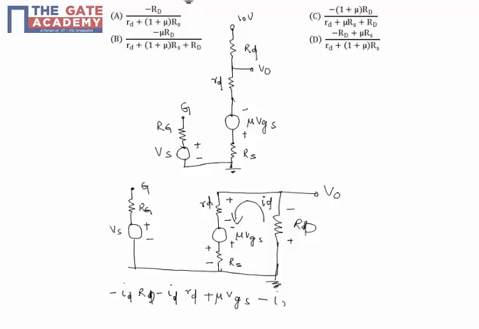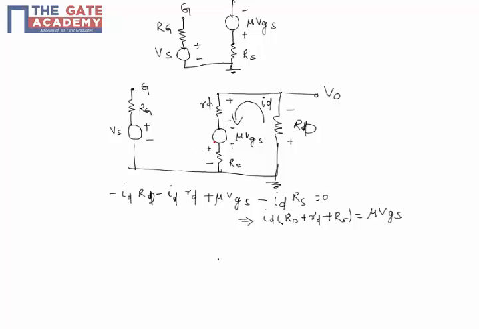So minus ID into RS equal to 0. So this implies ID into RD plus small rd plus RS is equal to mu into VGS.